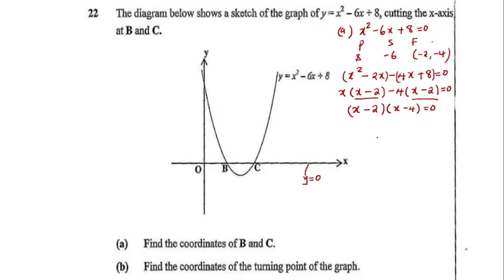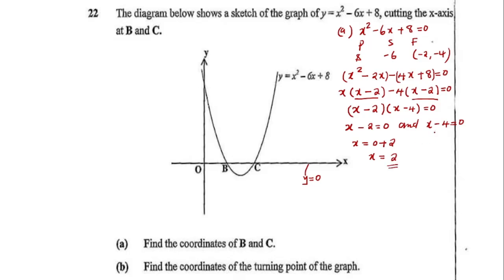So all these factors, you equate them to 0. x minus 2 is equal to 0, and x minus 4 is equal to 0. Therefore x is equal to 0 plus 2, because when the 2 crosses the equal sign it becomes positive. So x is equal to 2.